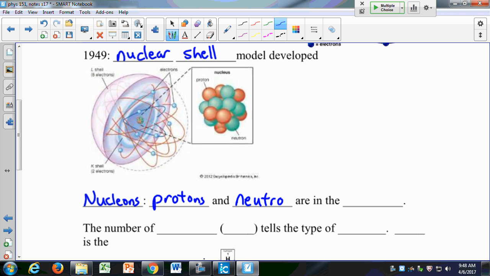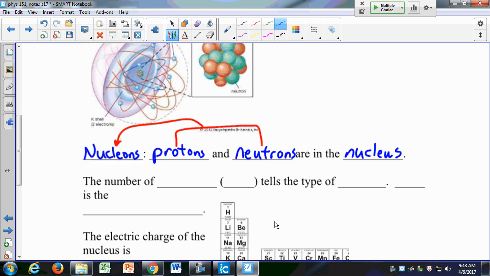So these protons and neutrons, we collectively call them the nucleons, and these are in the nucleus. So we're going to mainly be dealing with the protons and neutrons. In chemistry, you dealt a lot with the electrons, but we'll be mainly dealing with the neutrons and the protons.